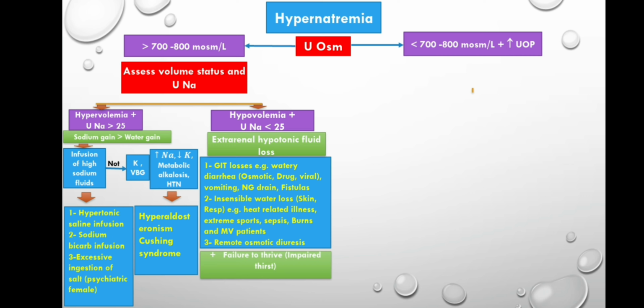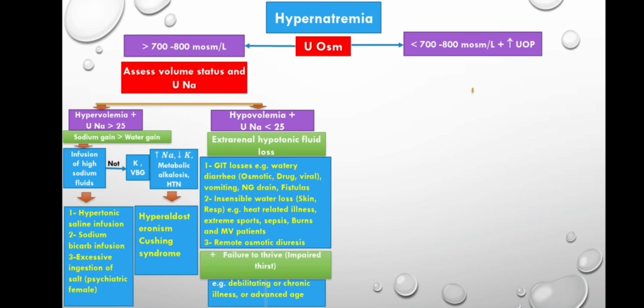The most important thing is that extrarenal or even renal hypotonic fluid loss should be associated with failure to thrive or impaired thirst to cause hypernatremia. Why? Because if there is hypotonic fluid loss, the normal physiological response in any healthy person is to drink more water, so he will compensate for this loss and hypernatremia will not occur.